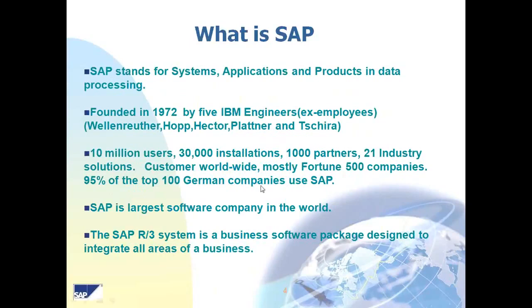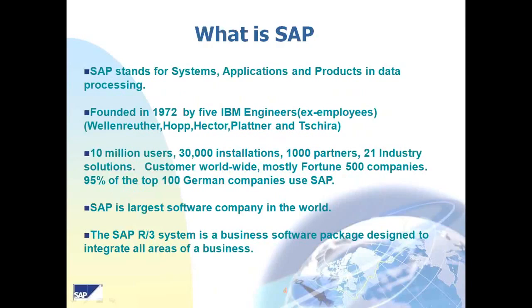There are customers worldwide, mostly Fortune 500 companies. 95% of the top 100 German companies are using the SAP system nowadays. So SAP is the largest software company across the globe, for that matter in the world.